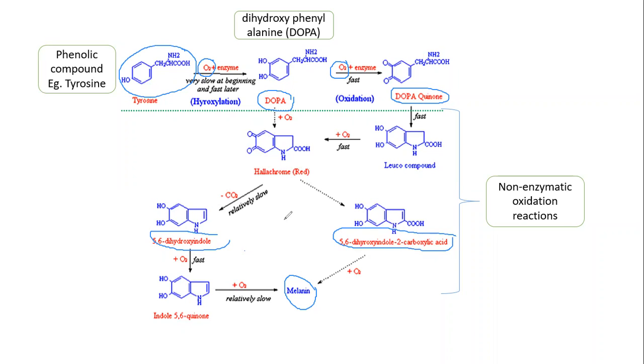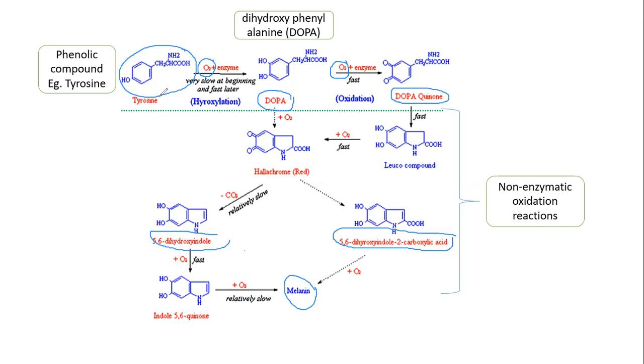Ultimately both of these are converted into various unsaturated carbonyl compounds, which are collectively known as melanin. So this is an example of enzymatic browning, the formation of melanin compounds from tyrosine.